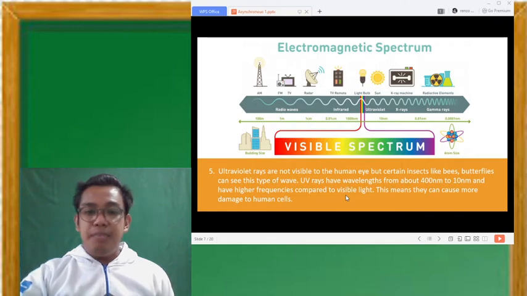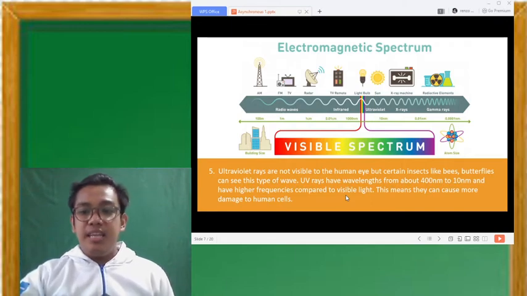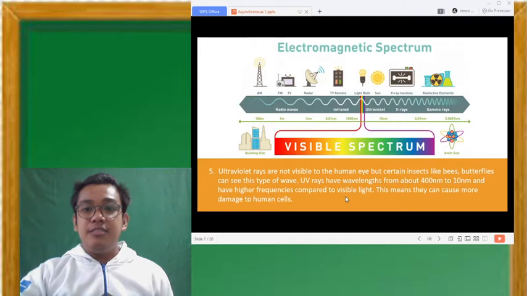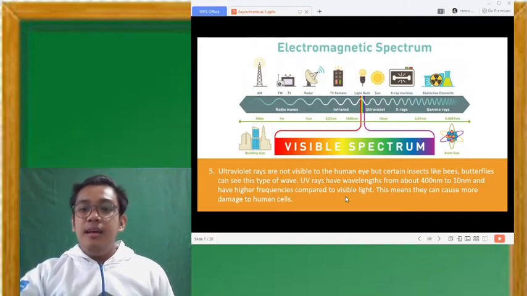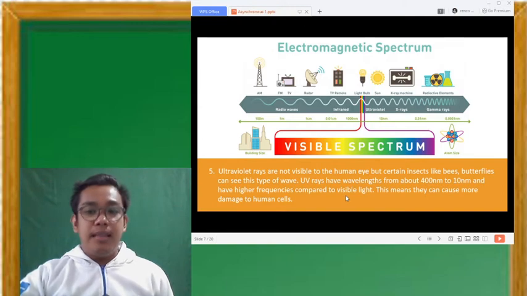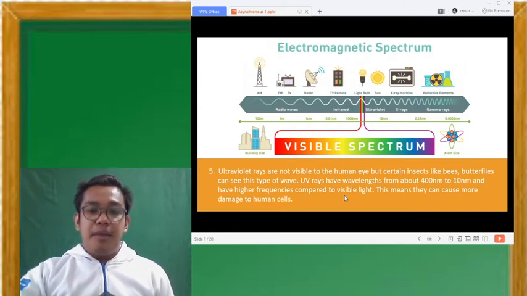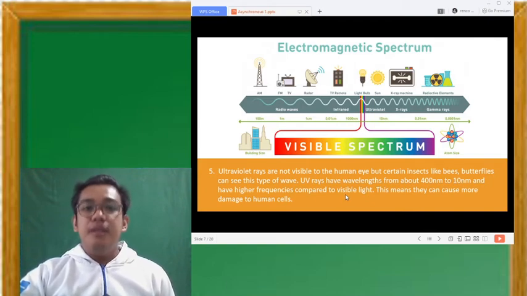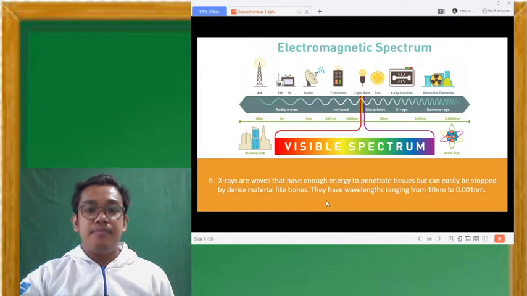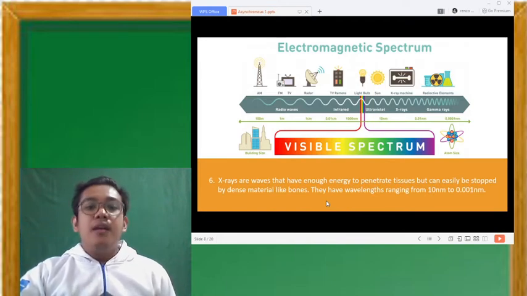They are not visible to the human eye, but certain insects like bees and butterflies can see this type of wave. UV rays have wavelengths of about 400 nanometers to 10 nanometers and have higher frequencies compared to visible light. This means they can cause more damage to human cells. It causes sunburn to our skin.